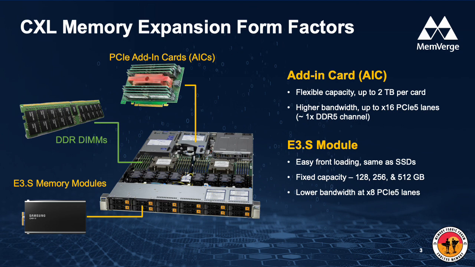The capacities are fixed, of course, because you can't install your own media into an E3.S, so at least the ones that have been advertised by different vendors typically are in the 128, 256, and 512 gig ranges. So again, depending on the capacity and the number of slots available to you, you're able to expand the memory of the server with this.